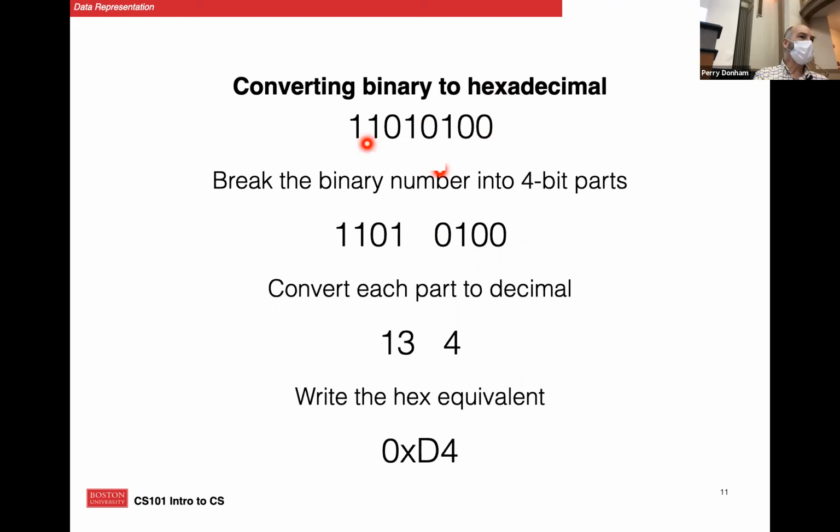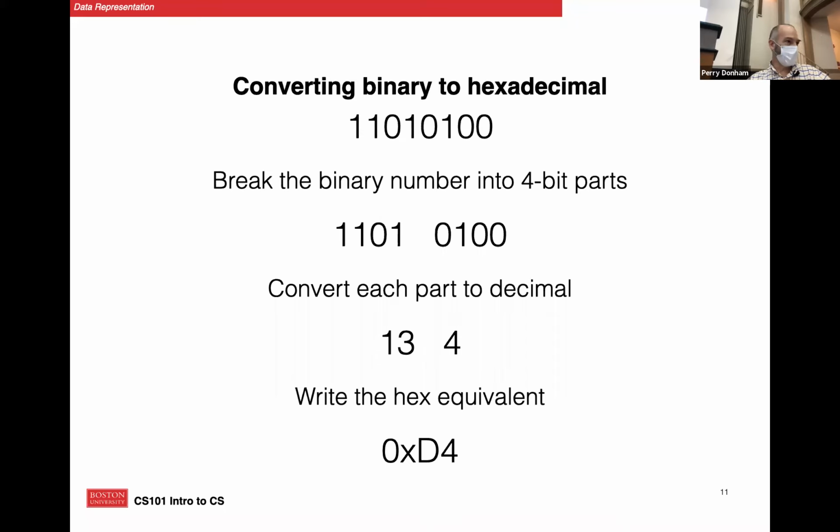If I'm short on the left side, say this is 8 bits and I had 7, you just pad with zeros on the left, because zeros don't mean anything. Padding just means I'm going to add extra zeros to the left to get it to 8 bits or some multiple of 8.